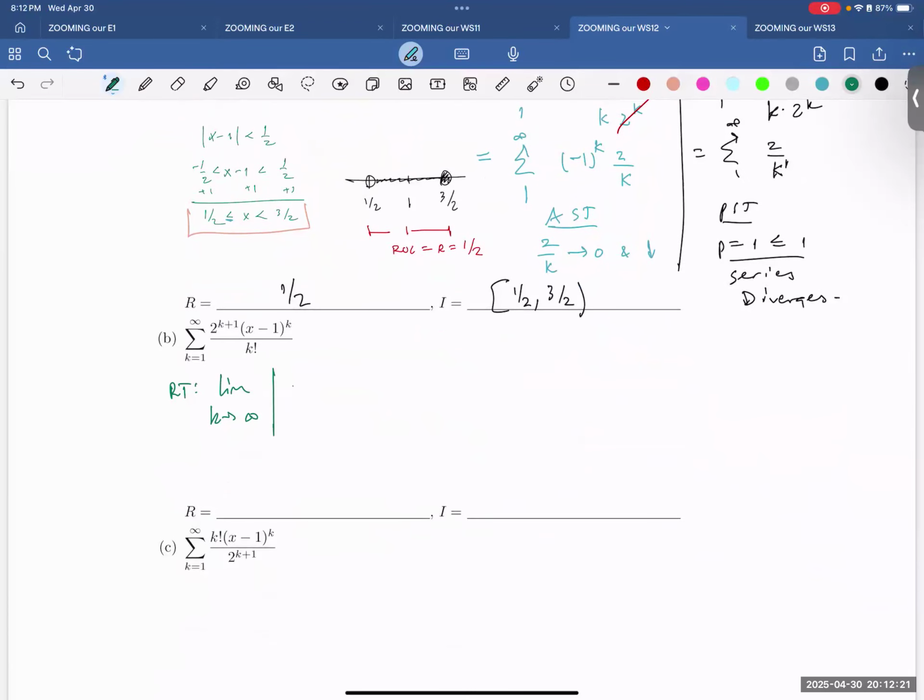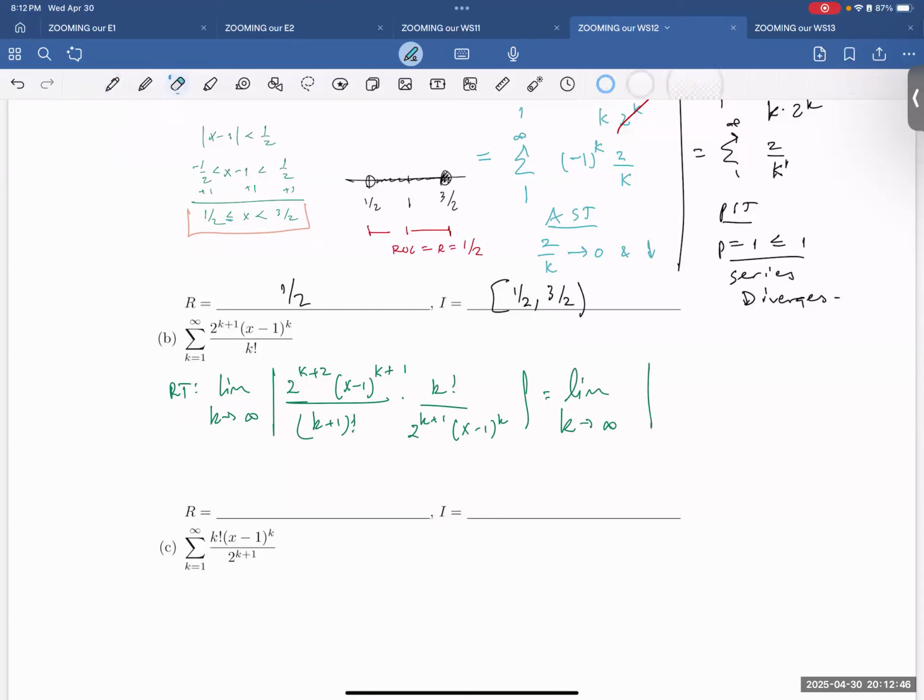So 2 to the K plus 2, x minus 1 to the k plus 1 over k plus 1 factorial, times k factorial over 2 to the k plus 1, x minus 1 to the k. We should be left with the limit as k goes to infinity of the absolute value, a 2 again up there, an x minus 1 up there, and then over k plus 1.